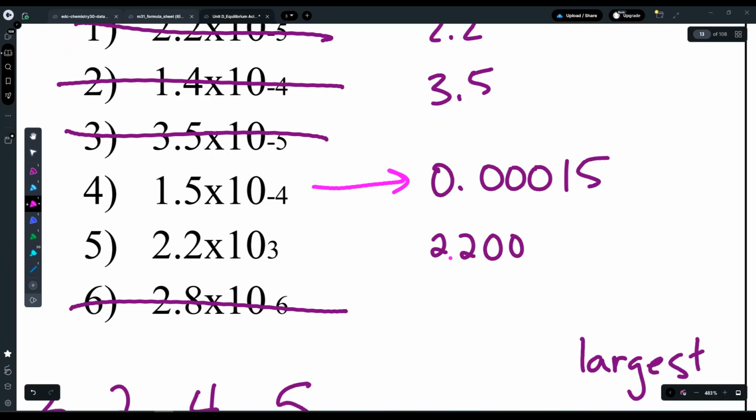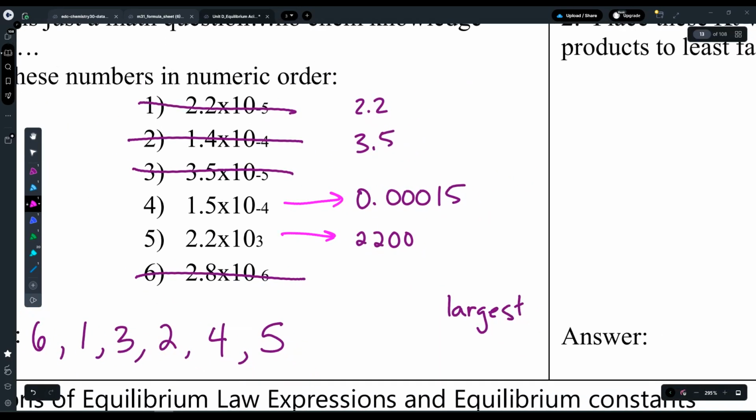I've moved my decimal 1, 2, 3 spots over to the right here to go from scientific notation to the normal way to write numbers. As you can see, numbers with a positive exponent are bigger than 1, whereas numbers with a negative exponent are between 0 and 1.